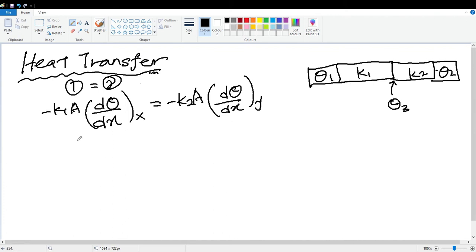What I have here is K1A, theta 1 minus theta 3, which is the change in temperature.